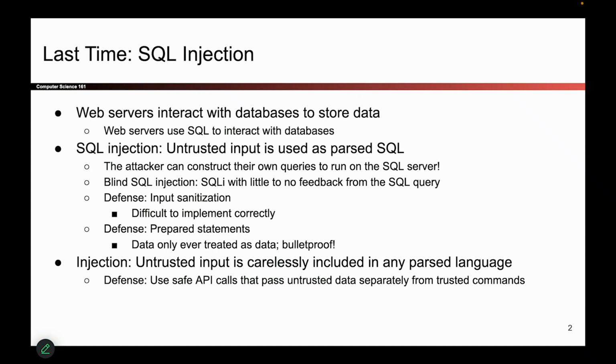And in general, we also said that command injection happens when you pass in untrusted input into any language. It could be C, it could be JavaScript or SQL, and they all somewhat fall into the same category of attacks. And the defense is usually to use safe API calls. For example, with SQL injection, prepared statements was a good defense.